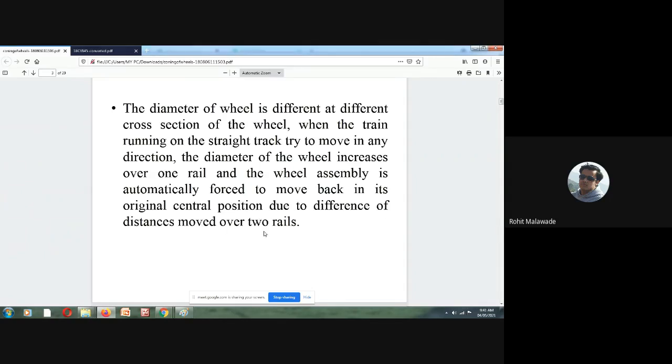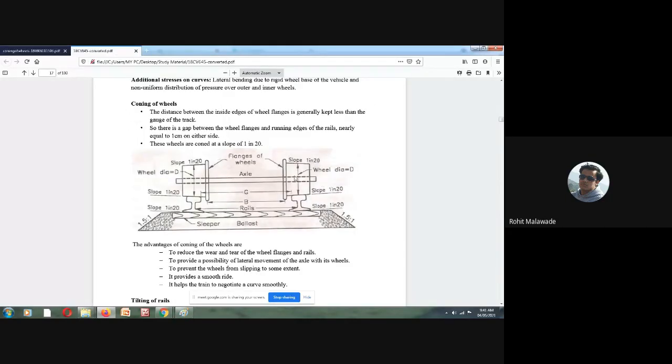Since we have provided the flanges, again it automatically is brought to the proper place. See, once it is moving outside, this is moving inside, right? What is happening? Due to these flanges, it is going to attach to these particular rails. Again, it is going to come to a proper position.